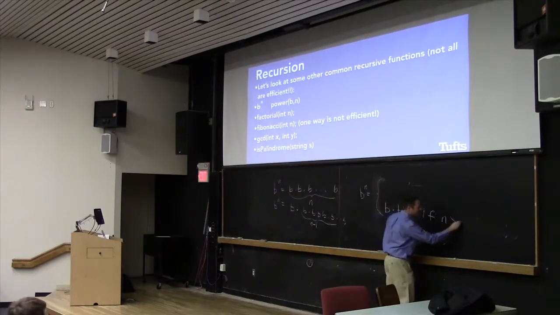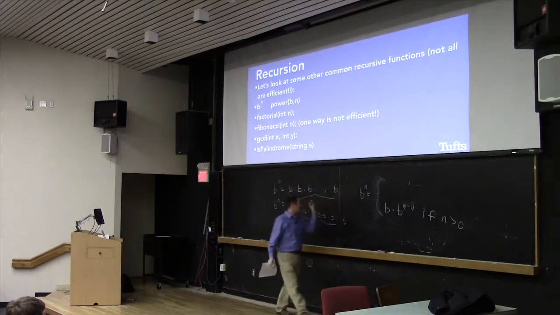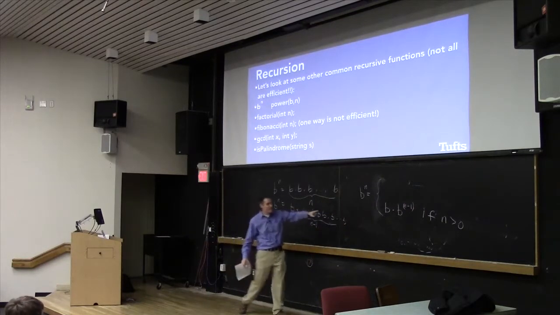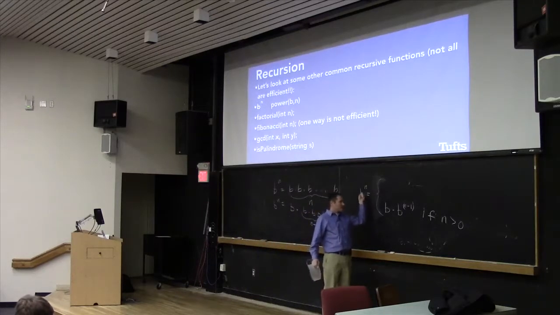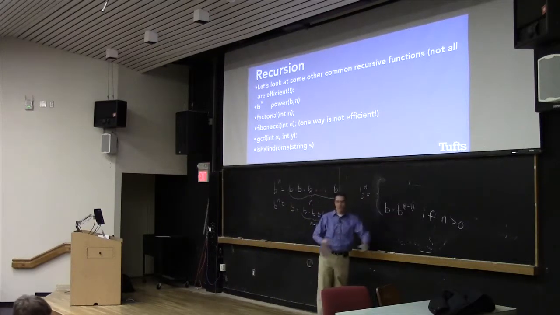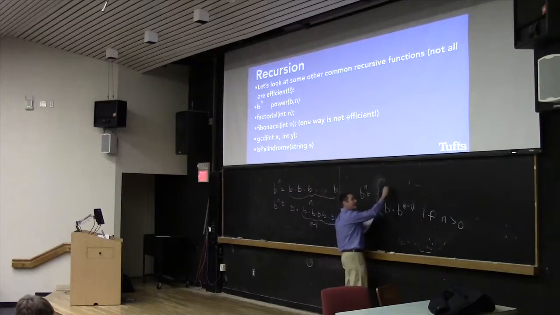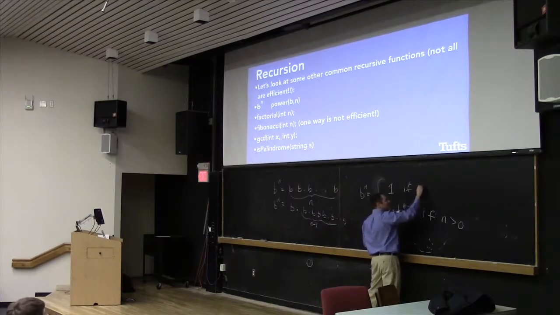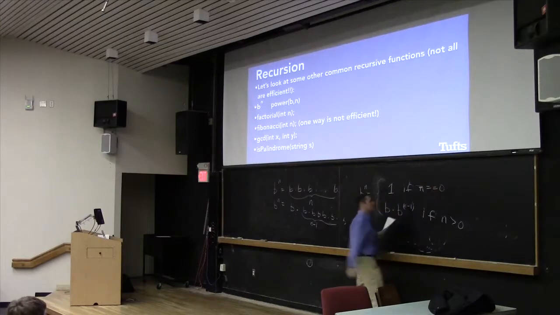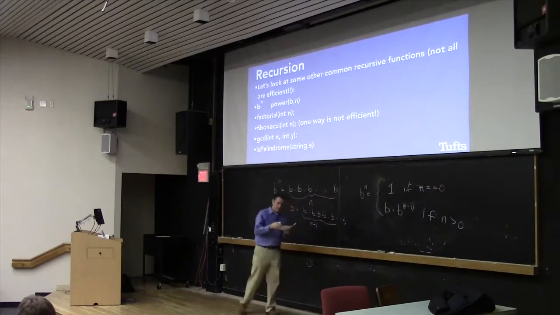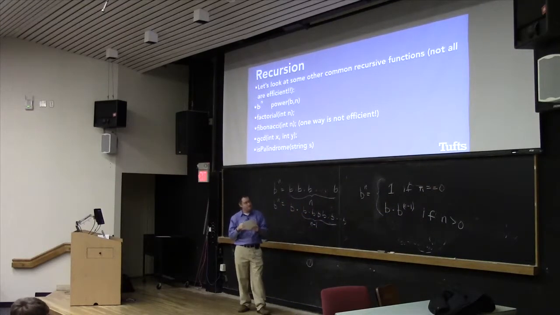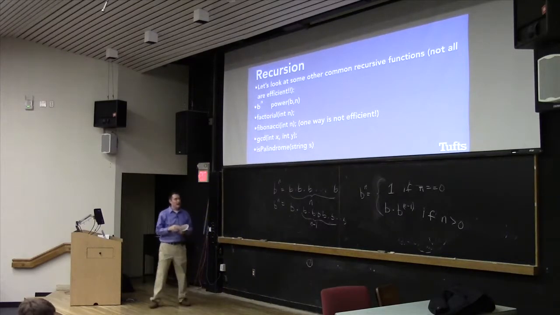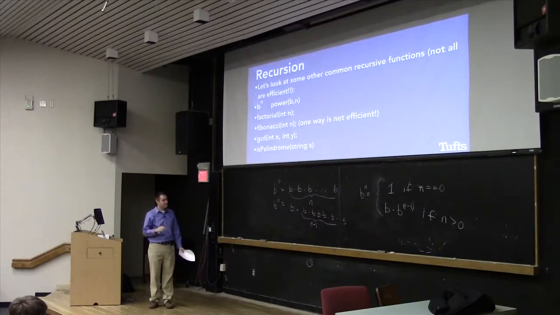While we still have b's, we can say that b raised to the power of n is b times b to the n minus 1 if n is greater than 0. And if n equals 0, it equals 1, because anything raised to the 0th power is just 1.